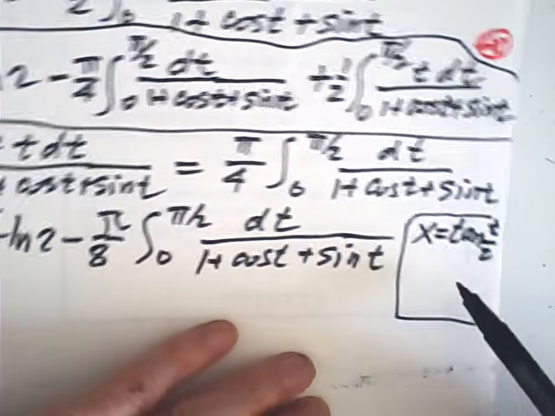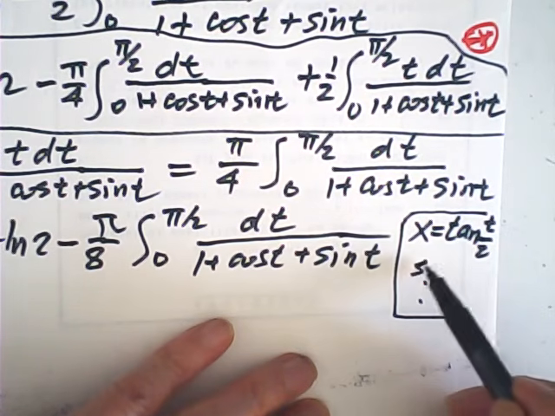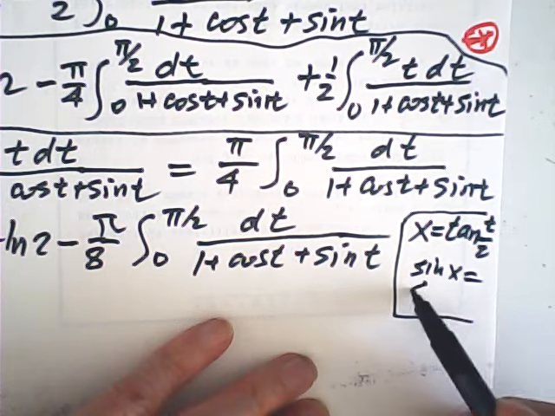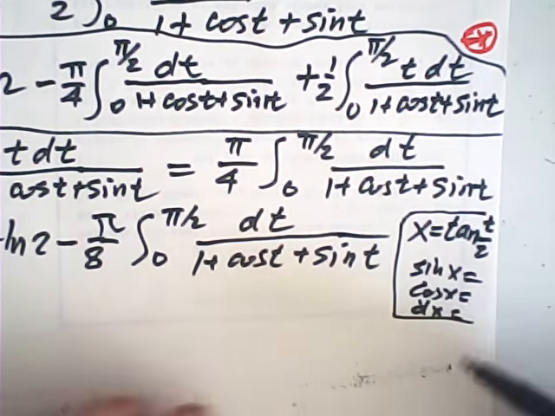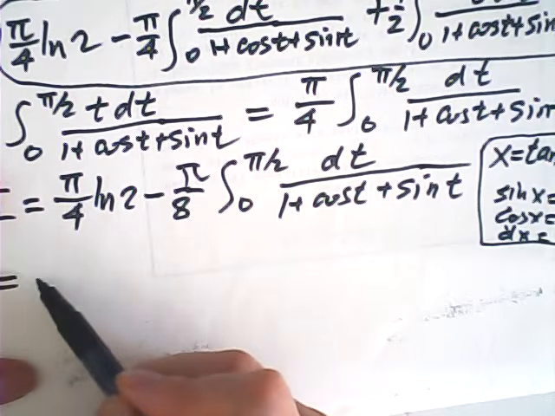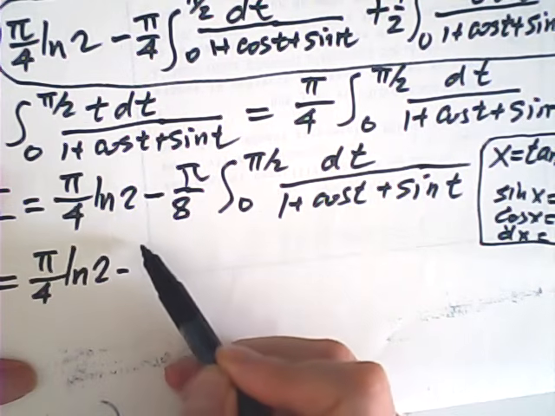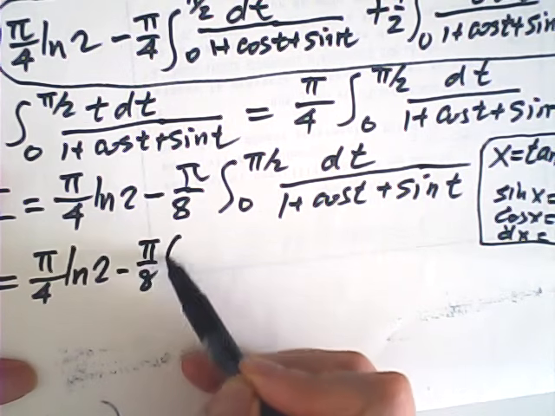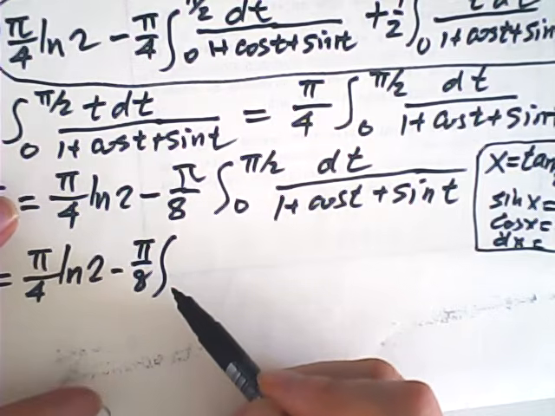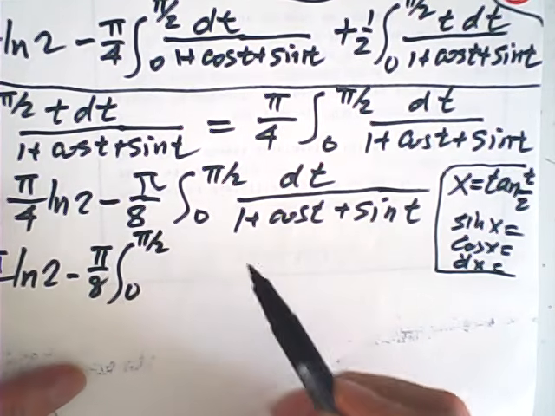Then you have sine x and cosine x and dx, so you know what sine x is, what cosine x is, and what dx is. You have done this method many times, I believe. So this could be done like this, minus pi over 8.